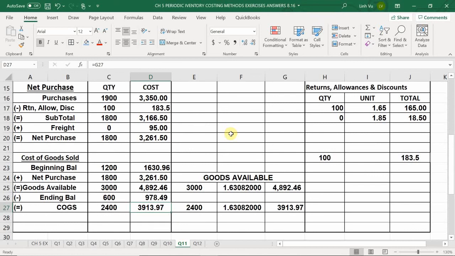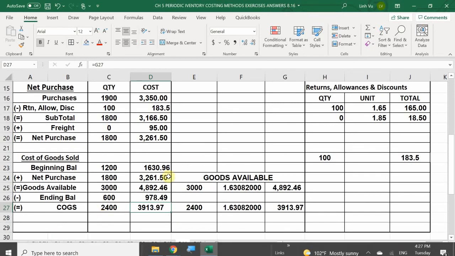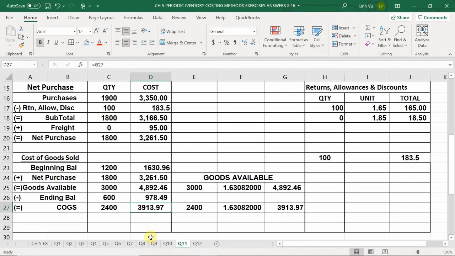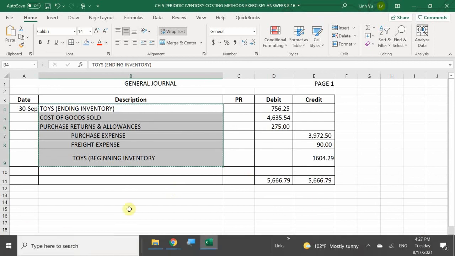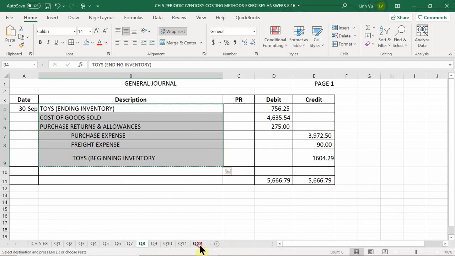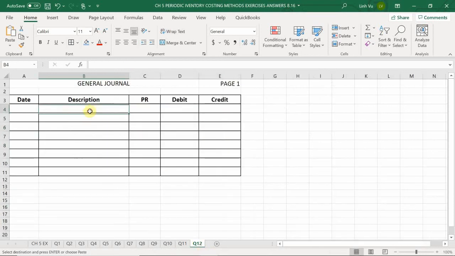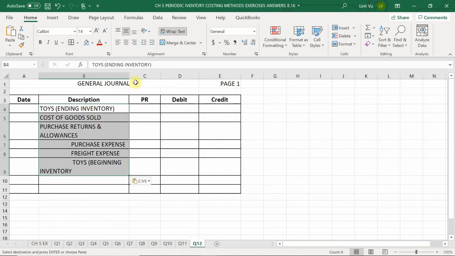So there we have it. We solved for our inventory worksheet. So last thing that we have left to do on our list is to journalize the transaction. Okay, and this time we had beginning inventory. All right, so question 12.